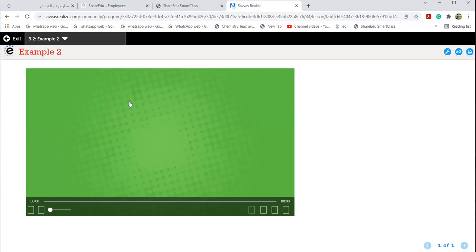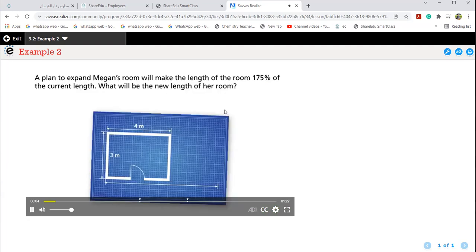See if you can understand. A plan to expand Megan's room will make the length of the room 175% of the current length. What will be the new length of her room? First of all, girls, she said that a plan to expand Megha's room. Okay, she wants to expand her room. So how much? She wants to make the length of the room 175% of the current length.